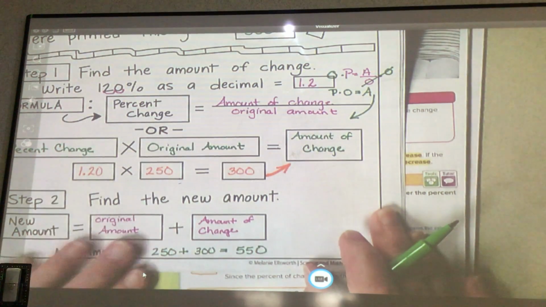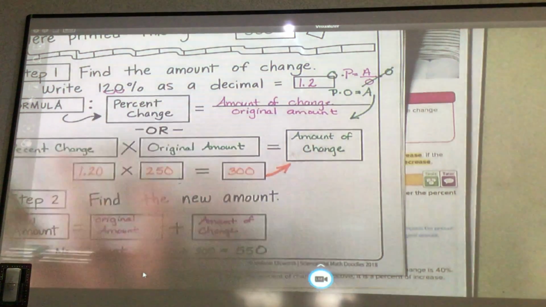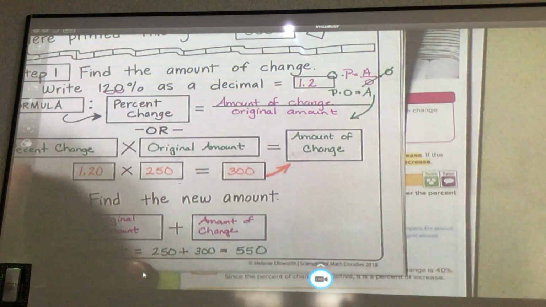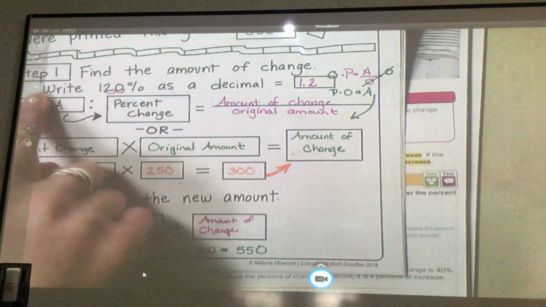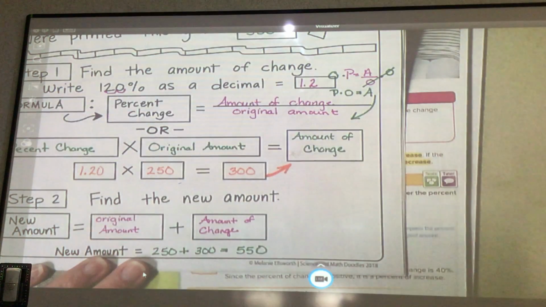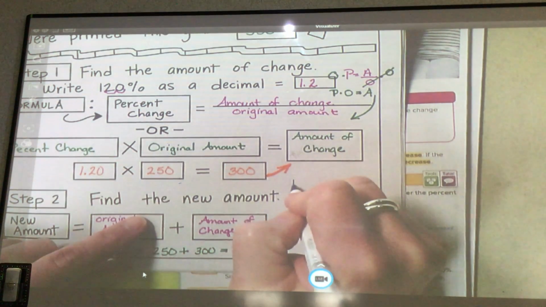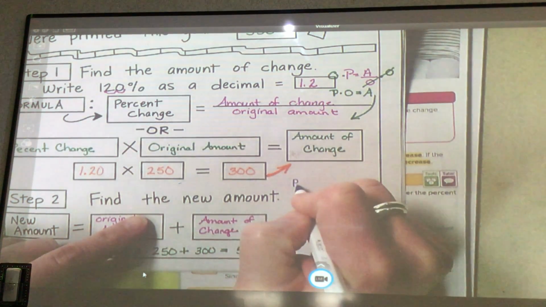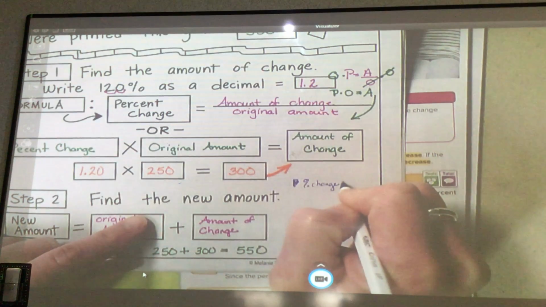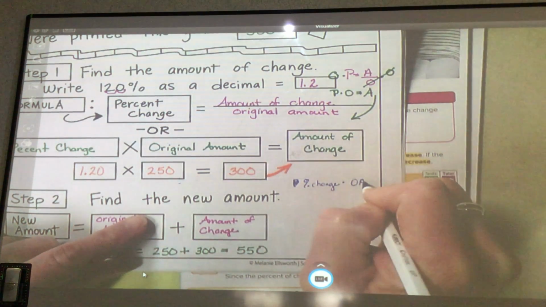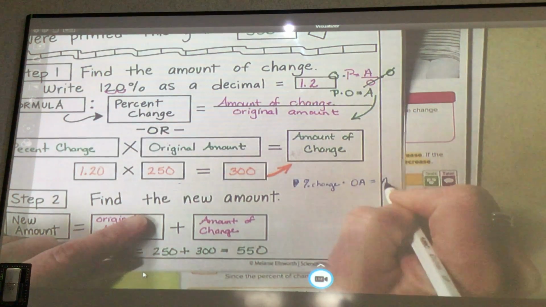Now, if you're like me, I'm not gonna turn the page yet. If you're like me, looking at all these big boxes kinda gets a little overwhelming. I know step one, to write 120% as a decimal, I really don't have to write that down, because anytime I know that I'm working with percents, you change the percent to a decimal. So for me, I'm going to say percent change times OA, which is the original amount, equals amount of change.